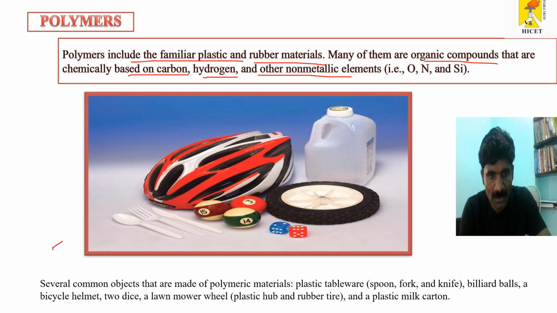So in this picture, you can see some of the products made up of polymers, the spoons, the forks, the knife, the bicycle helmet, the dyes, the tires, the milk can. So these are some of the products made up of polymers.